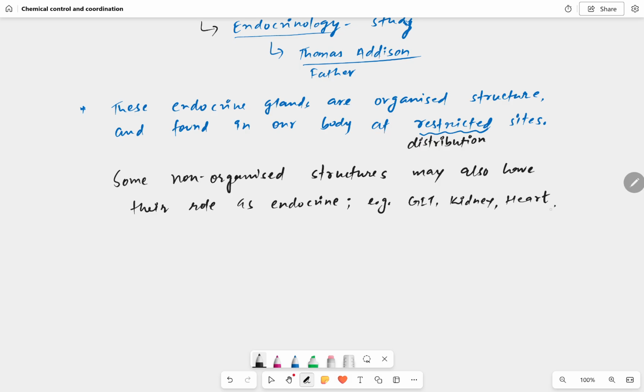They are mainly involved in functions related to their specificity, but they also show some endocrine property. That's why we say these are non-organized structures which have a role in the endocrine system also, like GIT, kidney, heart, also liver. The product of this endocrine system is hormone. So what is hormone basically? Now come to the point, hormone.